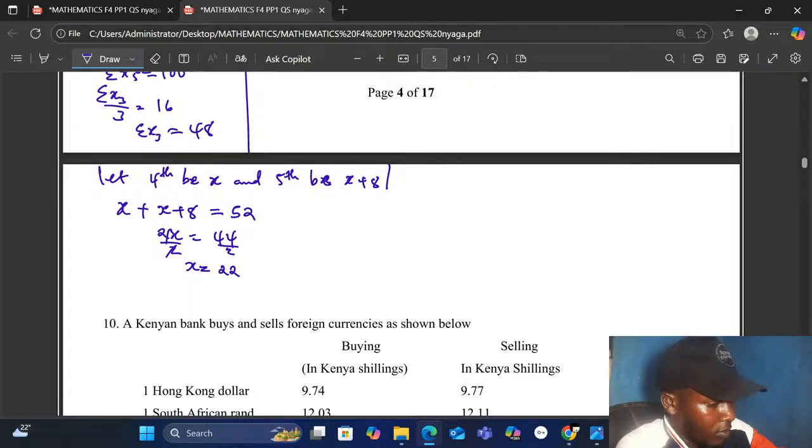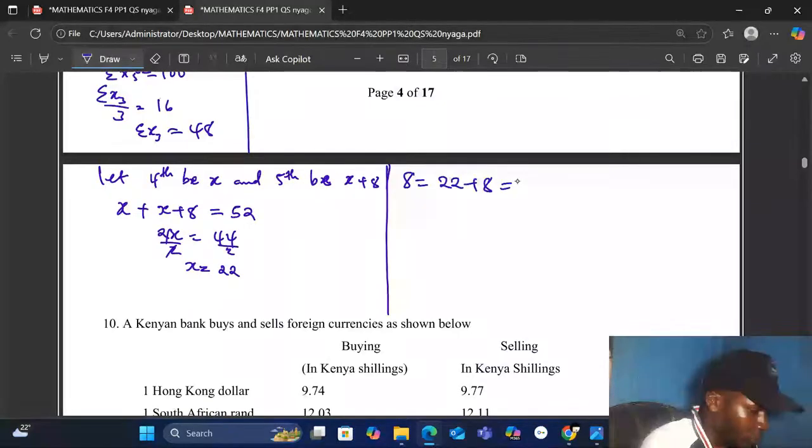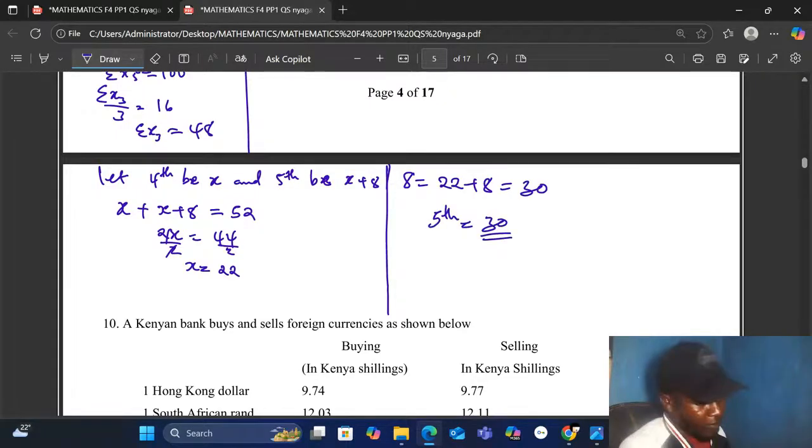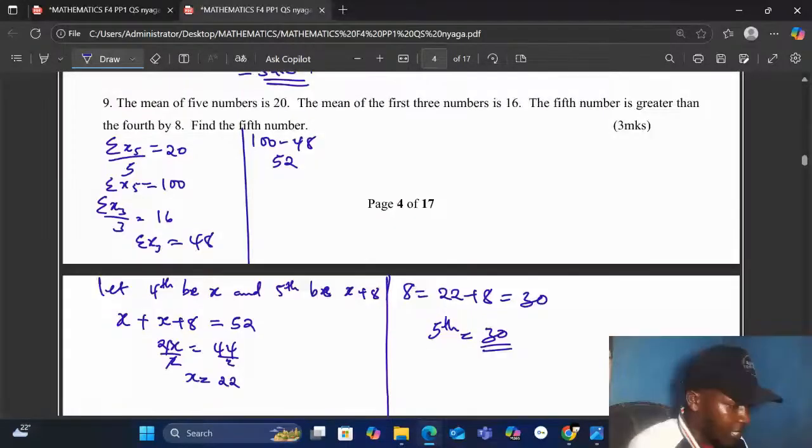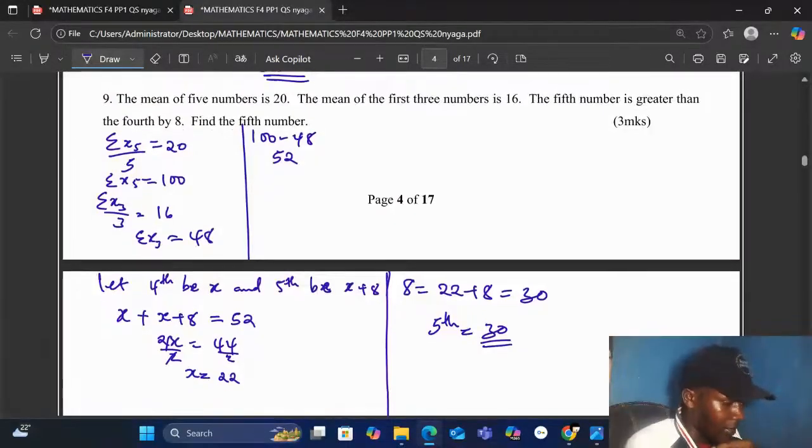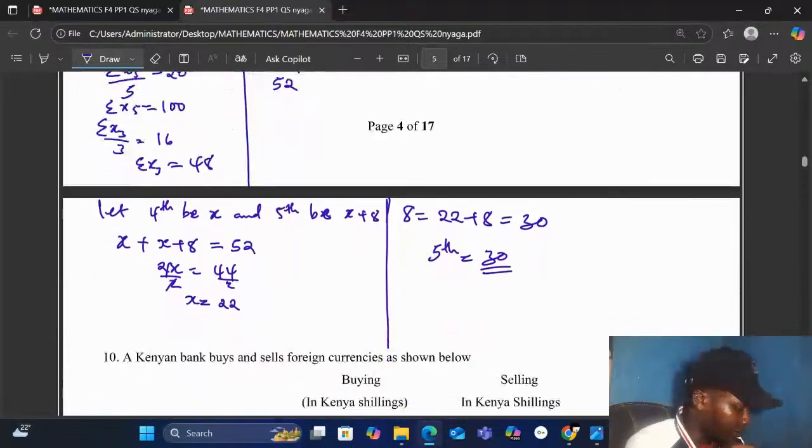So we finished. Now the 22, the value of x plus 8, which is the difference, so that we get the fifth number. This one and this gives us 30. That is now the value of the fifth number. We are asked to find the fifth number.